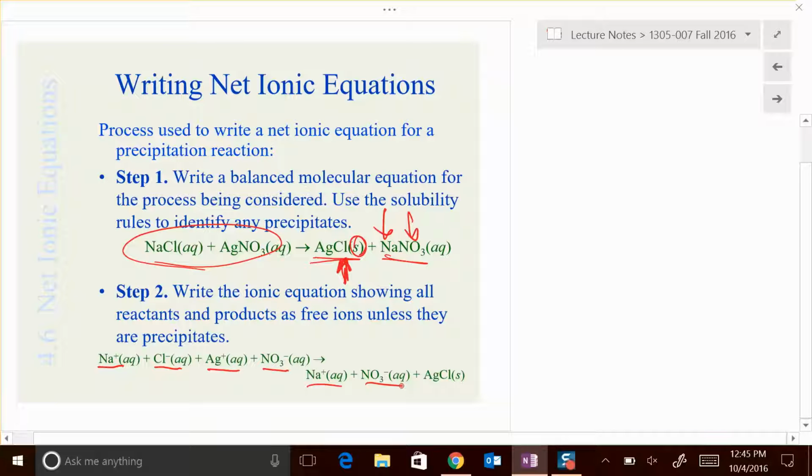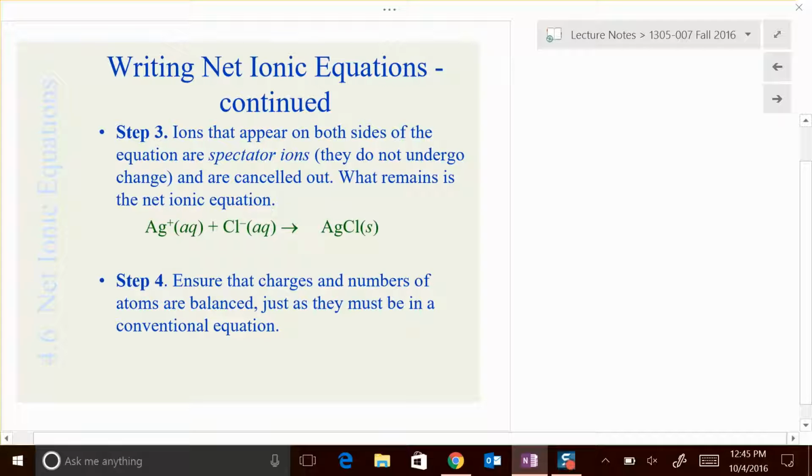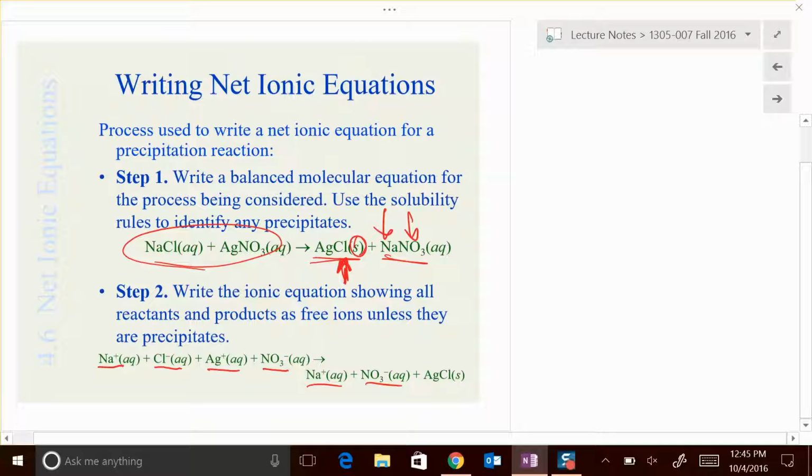Okay, so that's the ionic equation. That's how I'd write the overall ionic equation. Now, to illustrate the next point, if we look at the product side and the reactant side, what things are the same? What's the same on both sides of the reaction? Let me phrase it this way.